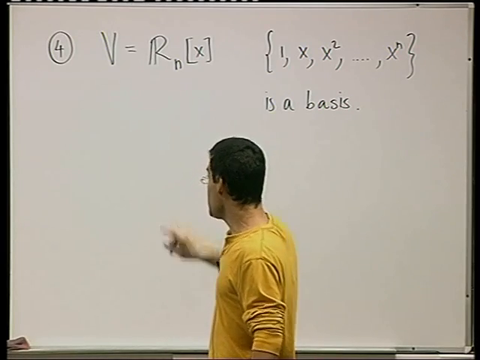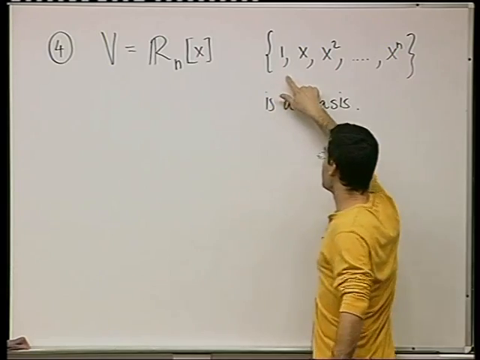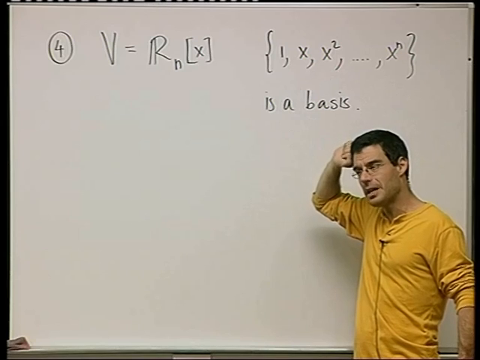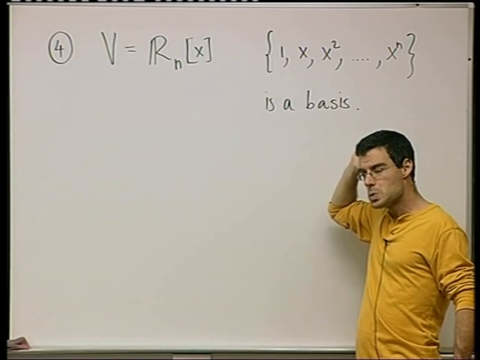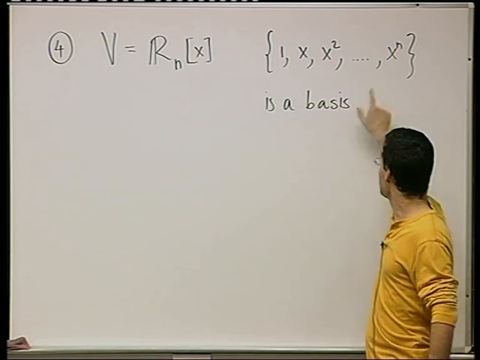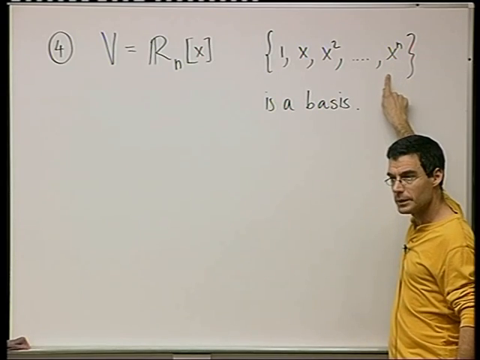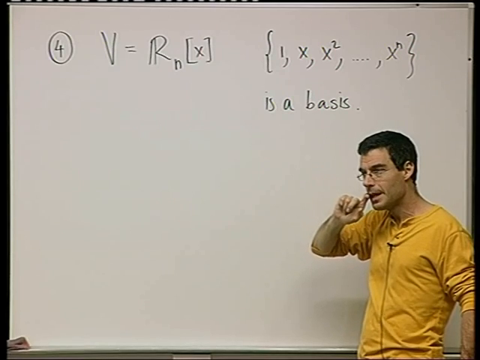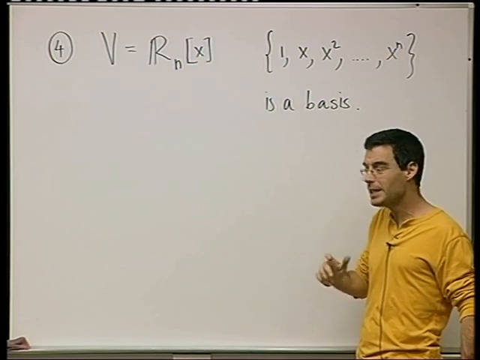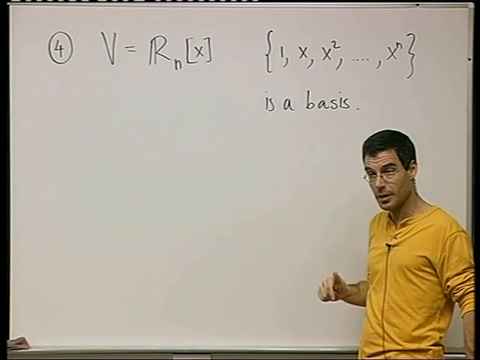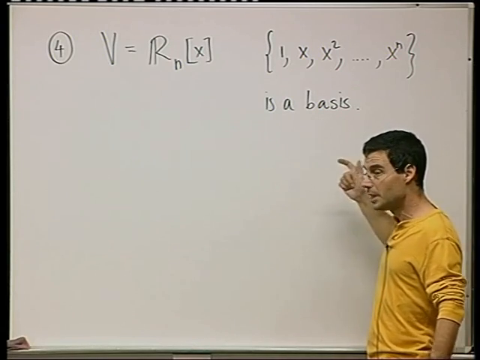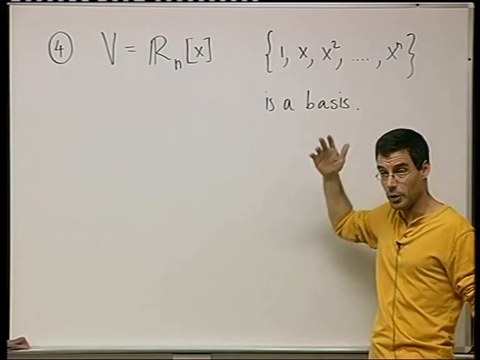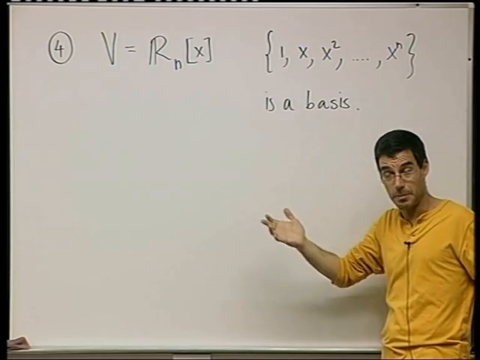So here, for example, you would want to say that this space has dimension what? n plus 1. Because we need n plus 1 guys to span it. That's the idea. How many guys do we need to span it optimally? You can always take 15 more polynomials and not make the span any bigger.